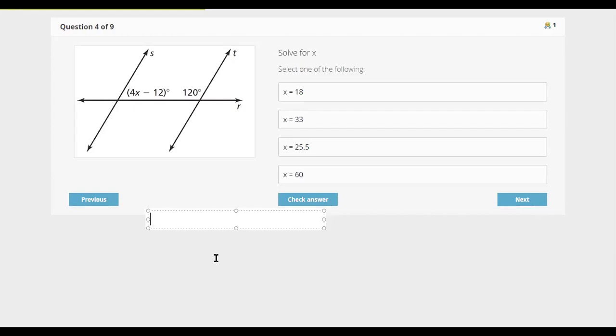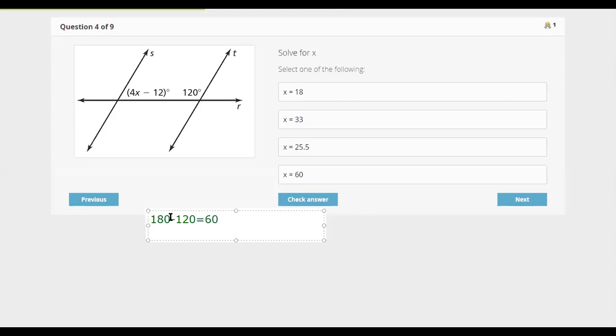Yes, so we can say 180 minus 120 equals how many?